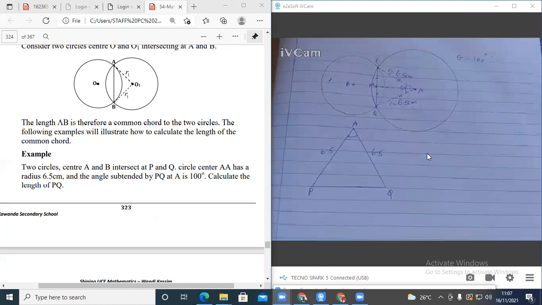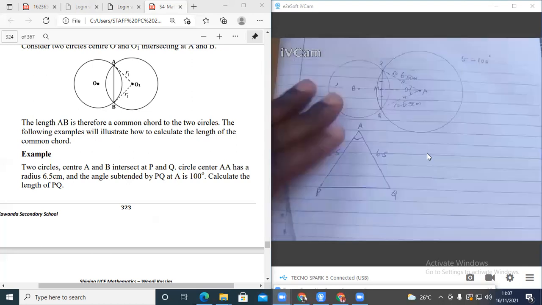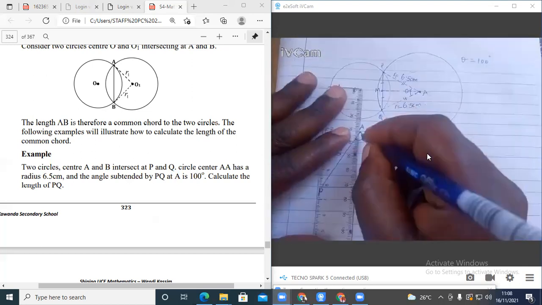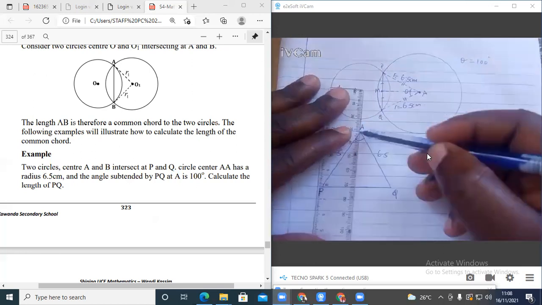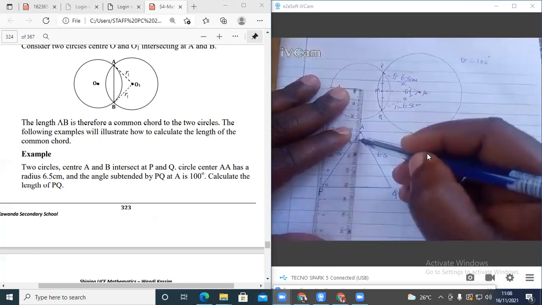So the next thing that we are going to do is put that line AM that you have already drawn in the first figure. So we draw line AM. Now that line AM that I'm drawing from A to M bisects this angle into two.